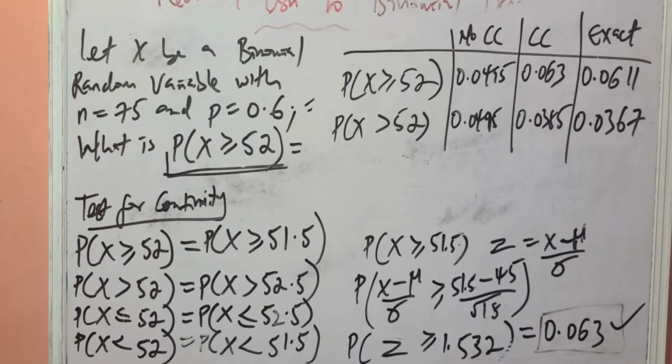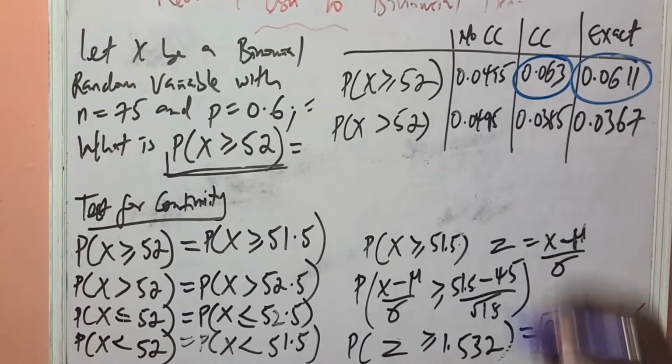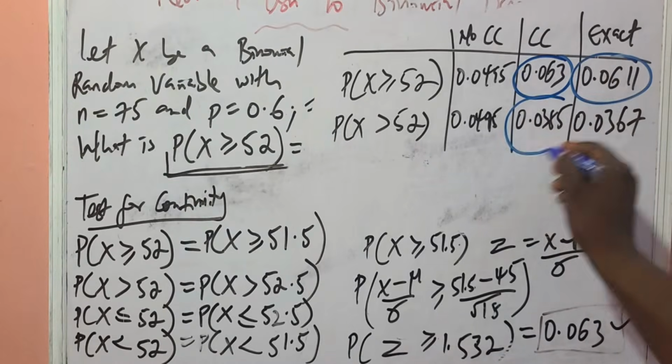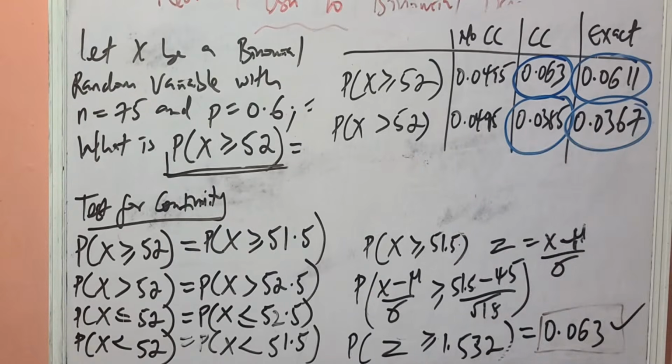You can see how close the correction for continuity answer is to the exact one, and look at the disparity when you decided not to use it. So this is basically how you use normal distribution to approximate binomial distribution. So let's solve one question very quickly, then I'll give you an assignment. That will be all for this class. It's a very simple one.